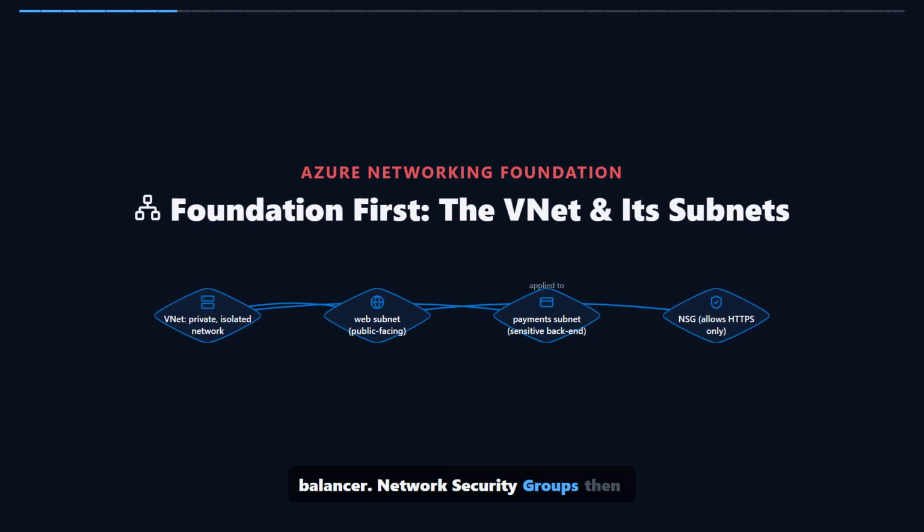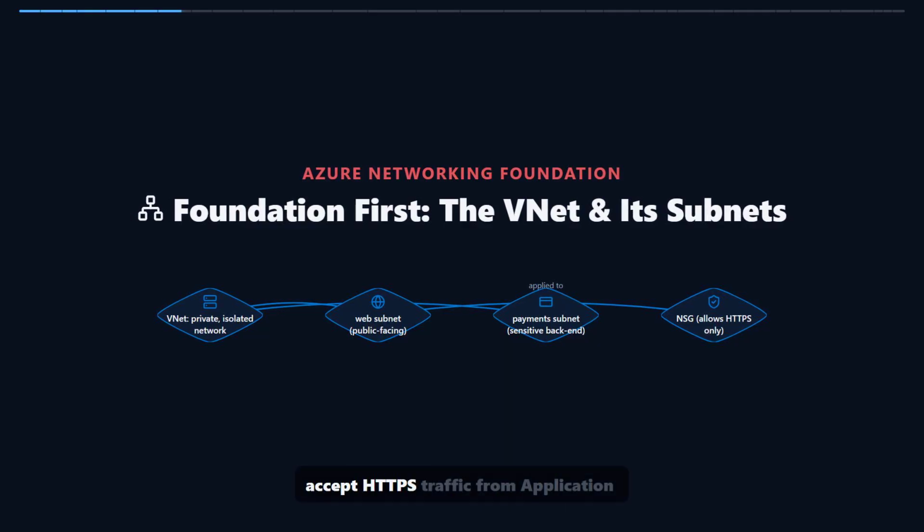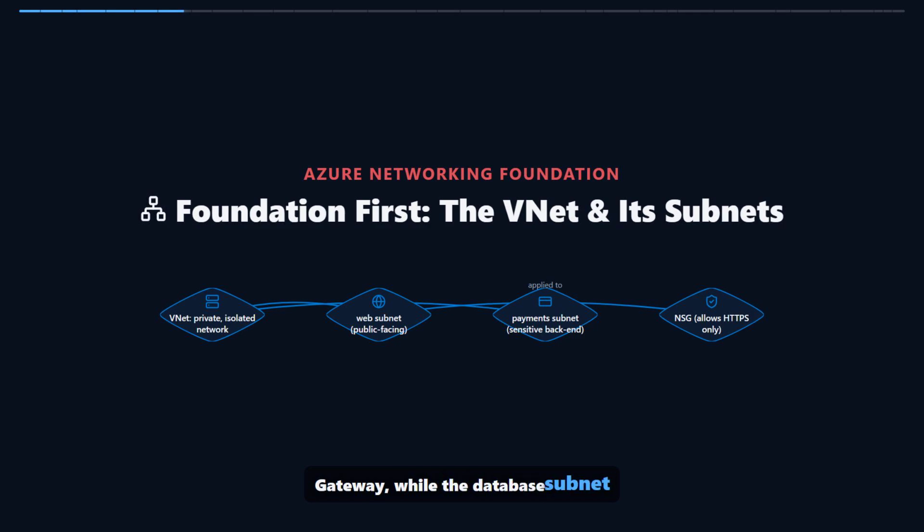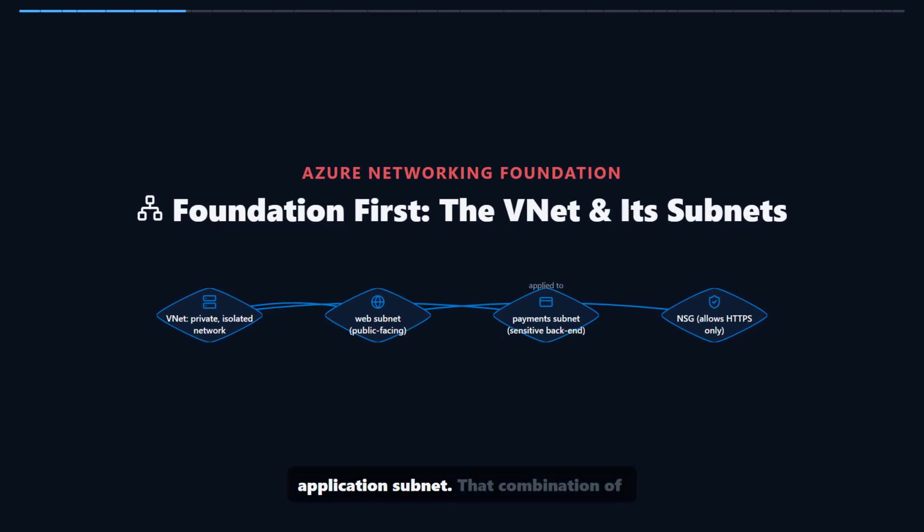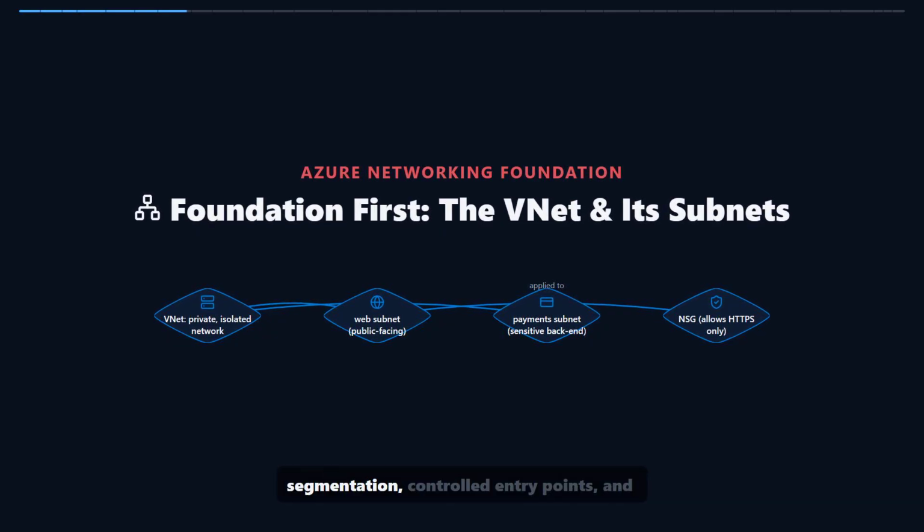Network security groups then control which traffic can enter and leave each subnet. For example, the web tier might accept HTTPS traffic from Application Gateway, while the database subnet accepts connections only from the application subnet. That combination of segmentation, controlled entry points, and security rules forms the foundation of a well-designed Azure network.